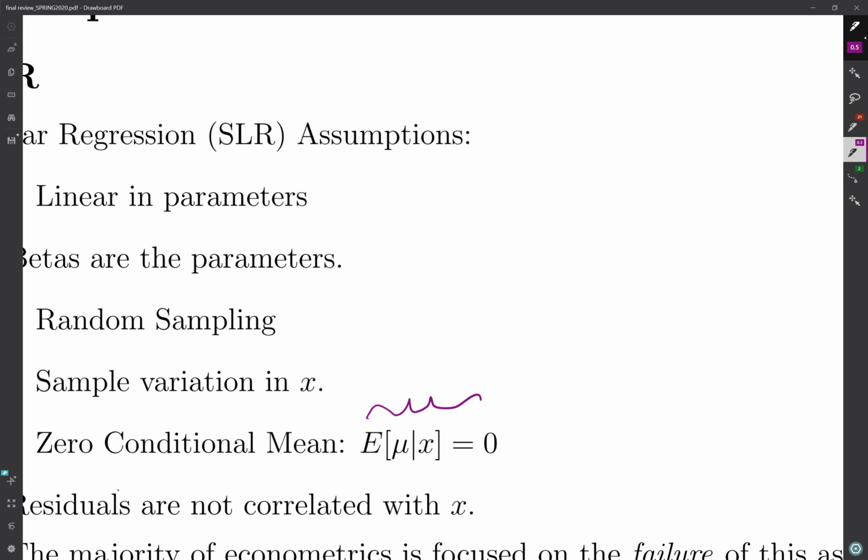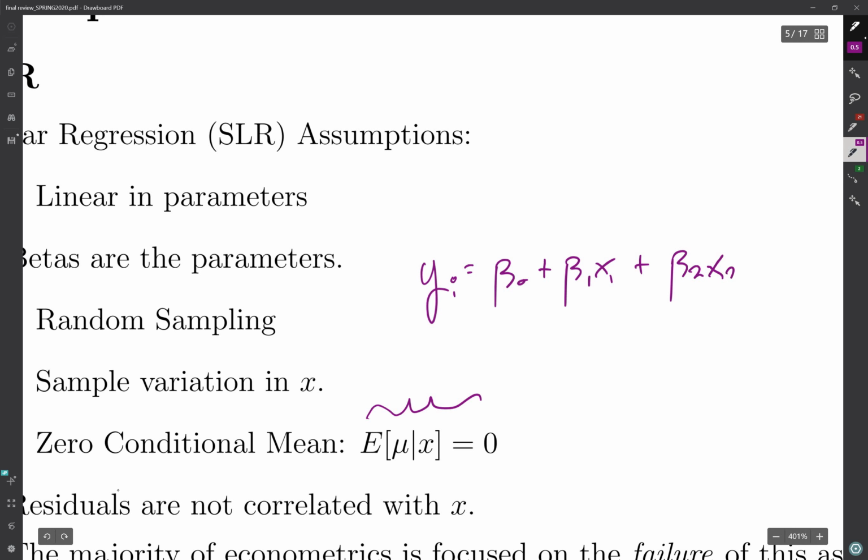Okay, so if our real model for calculating some y looked like this, plus beta 1 x1 plus beta 2 x2 plus anything else. Okay, so if this was what our model really should be, but we don't have x2, so we're just a simple linear regression, so we only are having one variable.